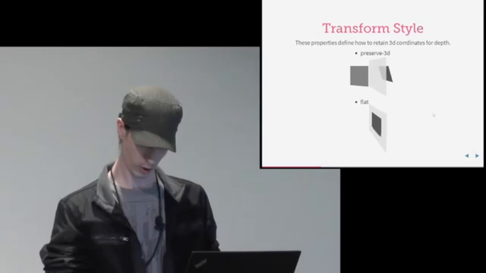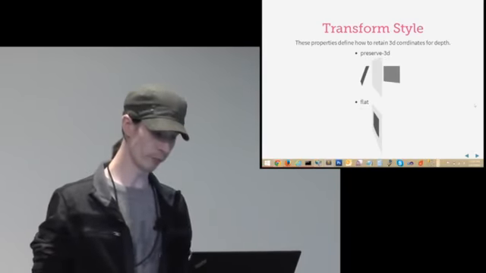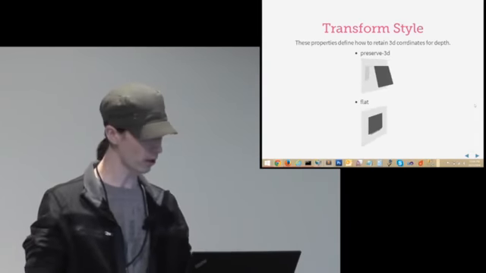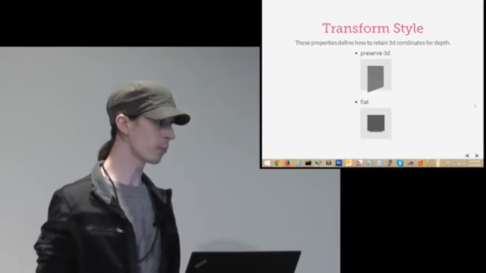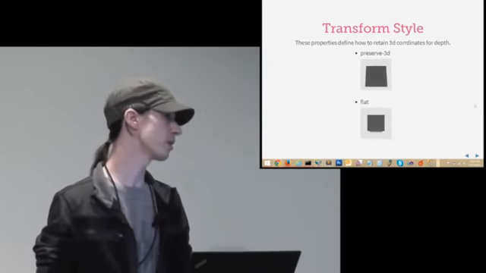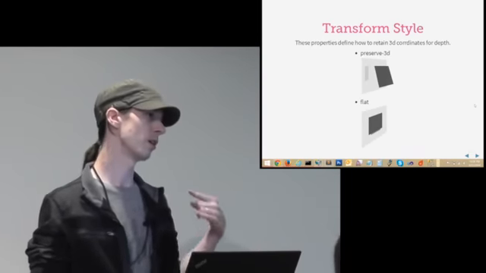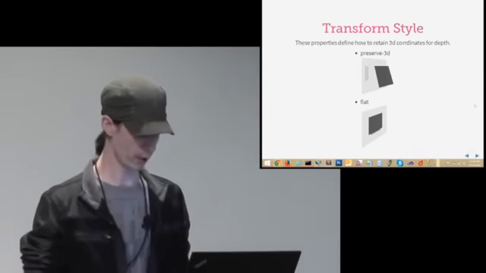So if you manipulate these children within a parent, you have these two properties, these transform styles that you can apply to the parent itself so that the children adhere to these properties that you've given it, so that if you rotate the parent, you can still preserve the 3D itself. So you have a flat and a preserved 3D. So the parent itself is being rotated. The children have been manipulated within local space of the parent.